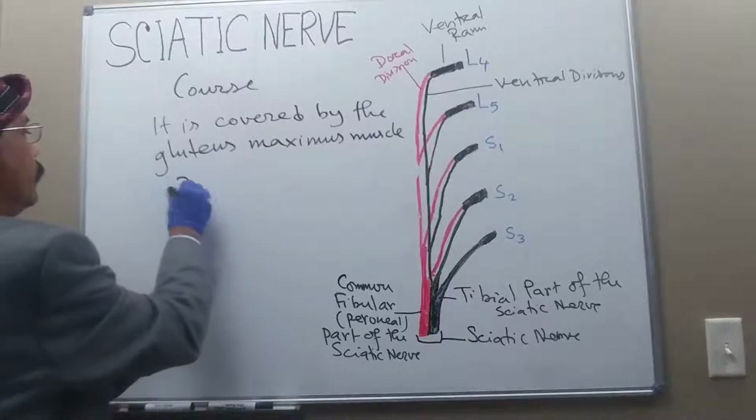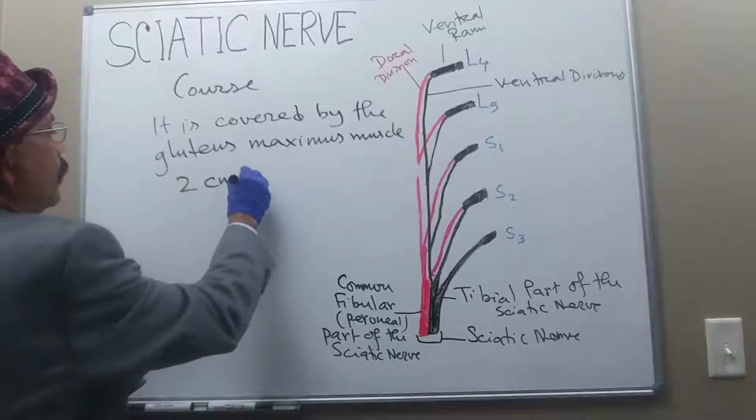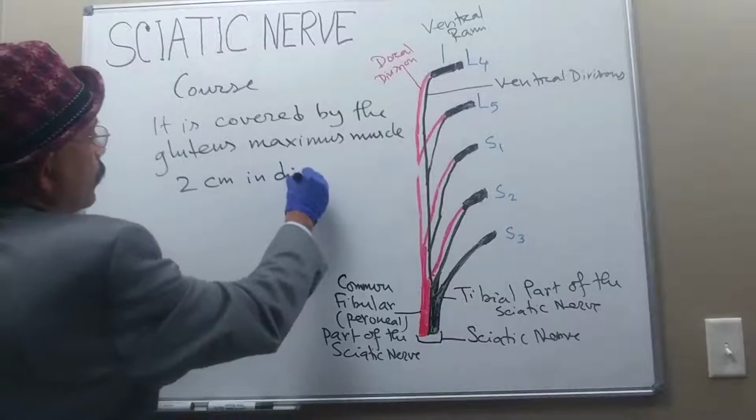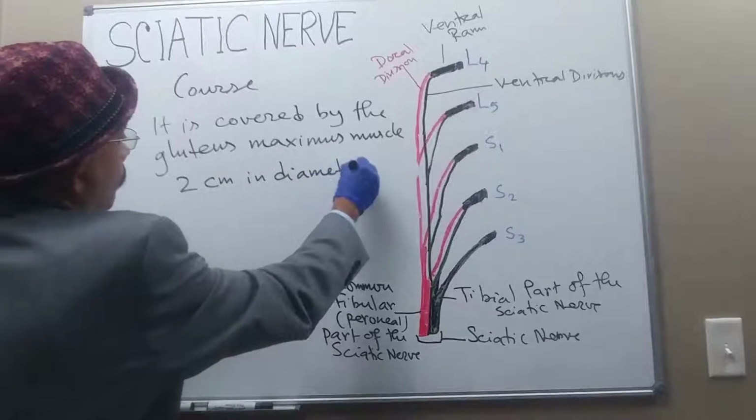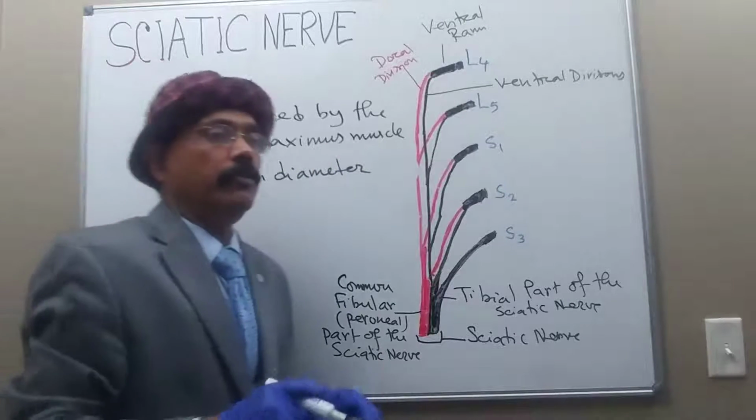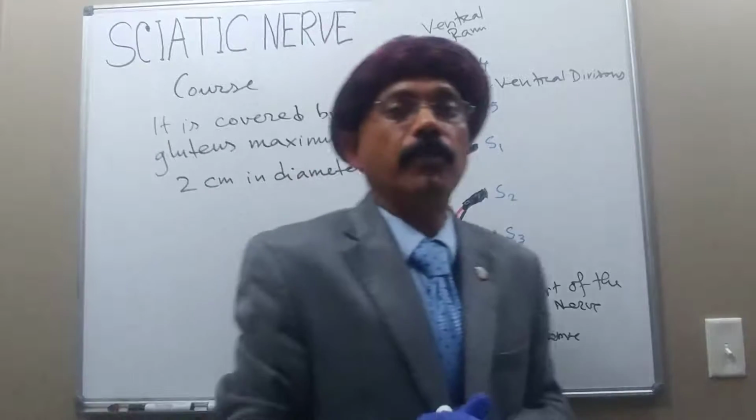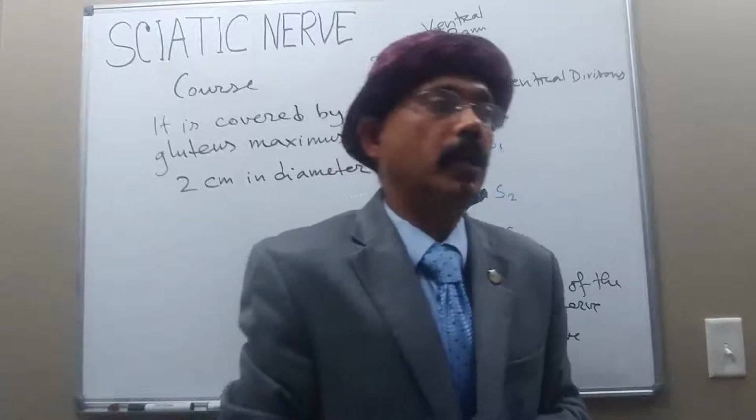This is the thickest nerve of the body. It is around 2 centimeters in diameter. It has its own blood supply from the inferior gluteal artery.